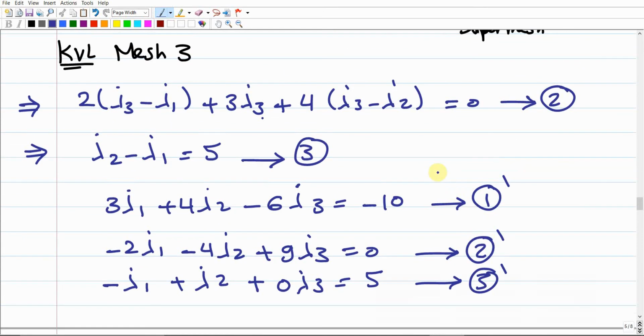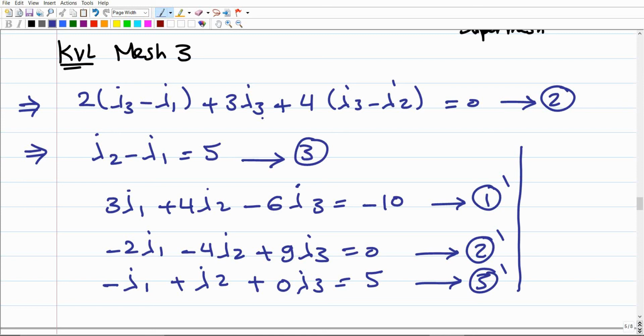Solving these 3 equations for I1, I2, I3, we can find them very simply. I'm going to use the calculator very quickly. So, solving for 3 variables: we do have 3 I1, 4 I2, negative 6, and then negative 10. For the second equation, negative 2, negative 4, 9, and 0.